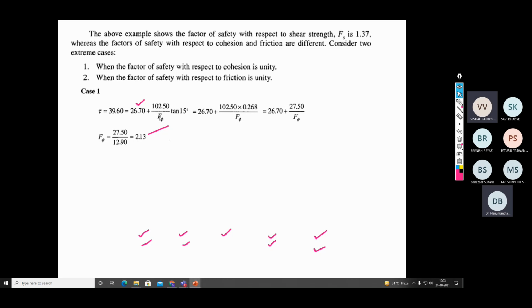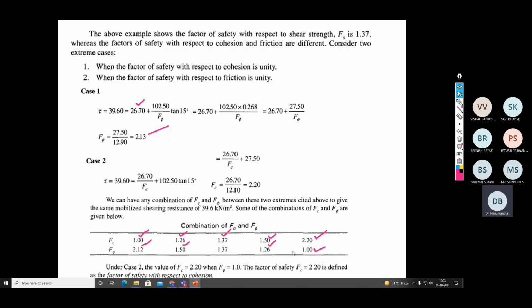Sir, what is the significance of that combination of FC and F5? Can you please relate this in a practical way? So this is the practical aspect now. Suppose if you look at this tabular form, you can understand what is happening to the final factor of safety value, or factor of safety with respect to the cohesion or with respect to the friction angle.